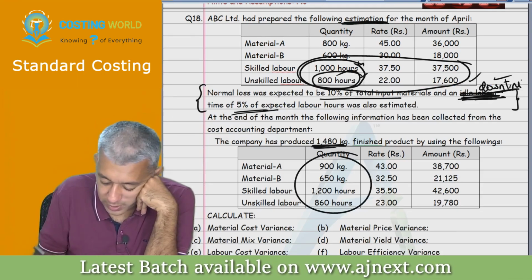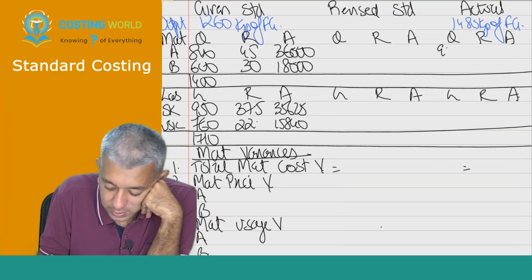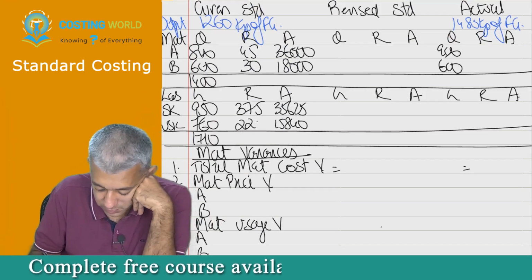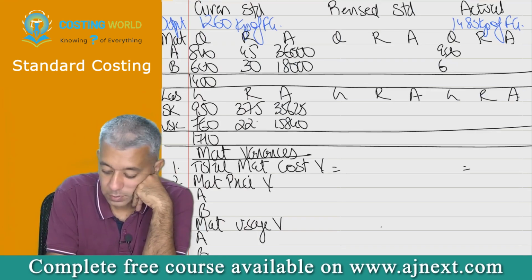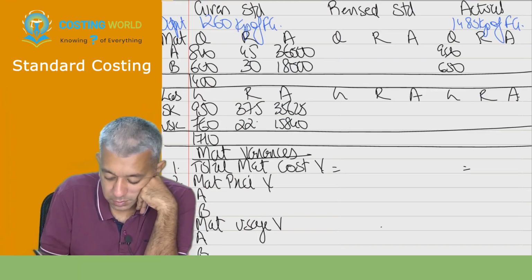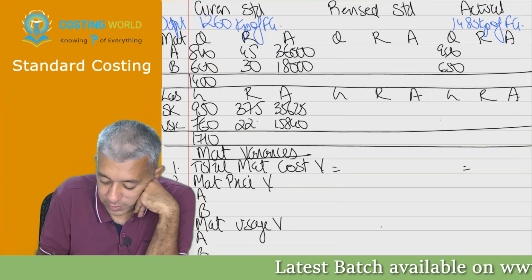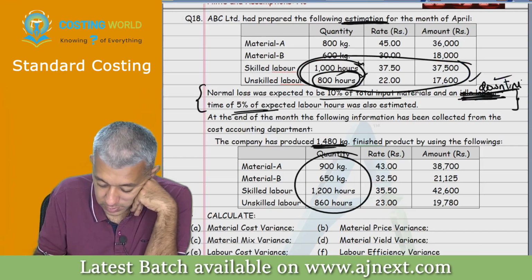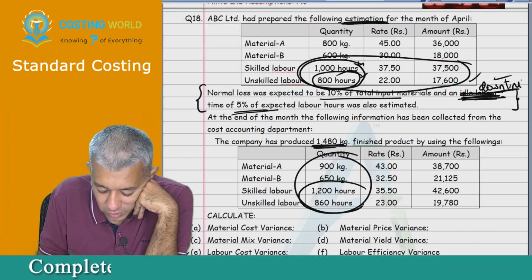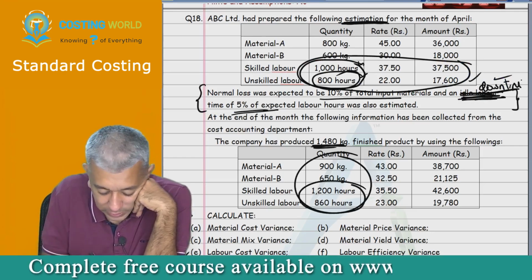So how much material, labor? 900, 600, sorry, 650. 1200, 860. Obviously, these hours don't include any other thing now. Nothing else has been given to you.